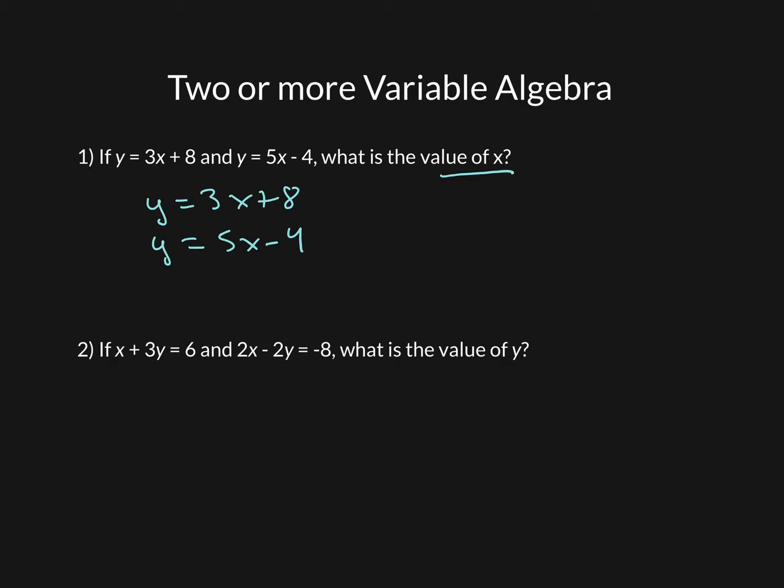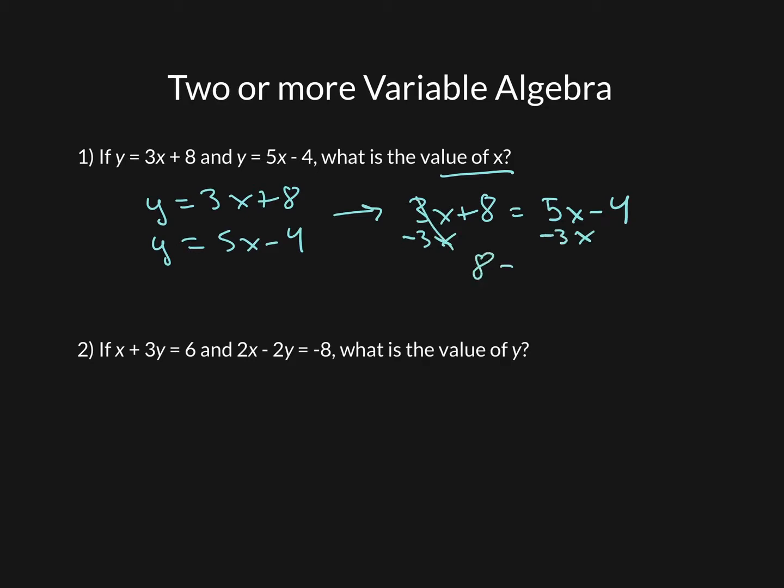Because we have these two equations, two variables, but they're both equal to y, we can actually just set them equal to each other and say 3x plus 8, which is equal to y, is actually equal to 5x minus 4 because that's equal to y as well.